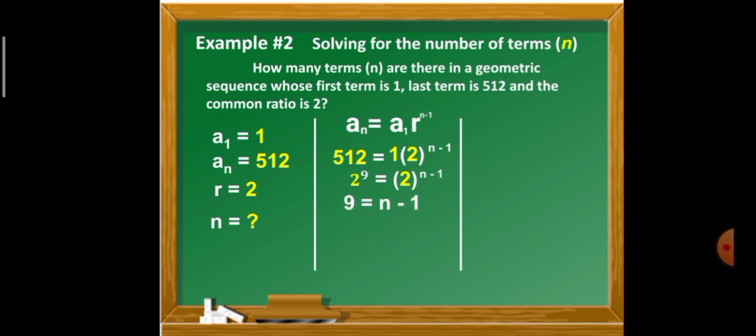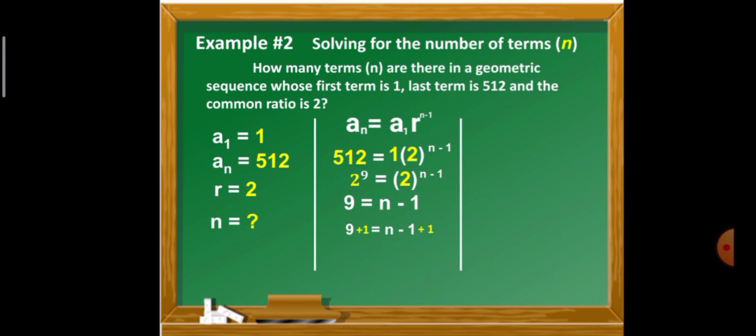So we have 9 equals n minus 1. From here, yung 9 equals n minus 1, gagamit tayo ng addition property of equality. So yung minus 1 dito sa kabila, magdadagdag tayo ng plus 1 both side. So we have 9 plus 1 equals n minus 1 plus 1.